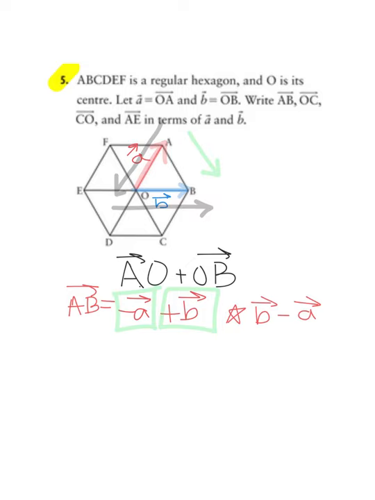I can go through the next one too, just as another example. So let me just erase some of this here. All right, so again, that was really messy, very sorry about that.